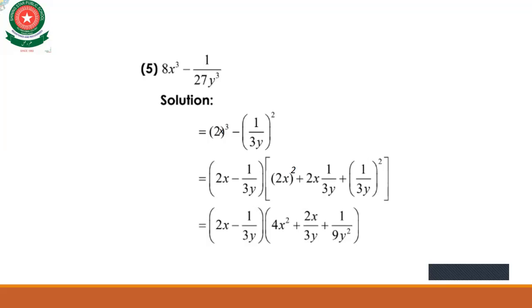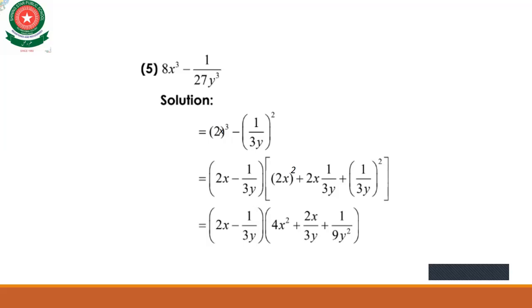By putting values in this equation, 2x minus 3y, as in the formula there is a minus b, a minus b into a square. The value of a is 2x, 2x whole square, plus ab, where the value of a is 2x and the value of b is 3y, plus b square, 3y whole square.